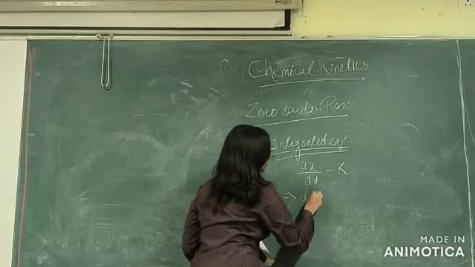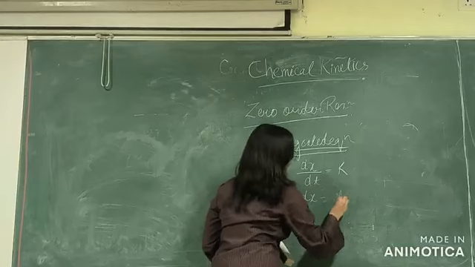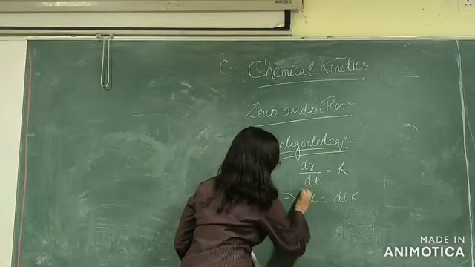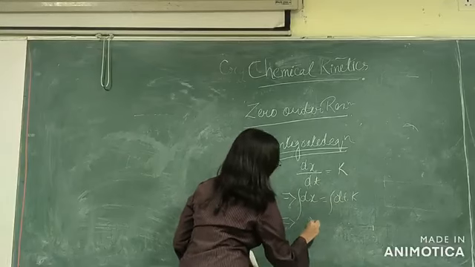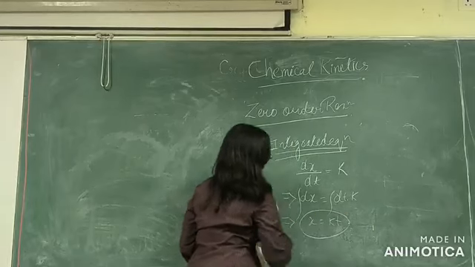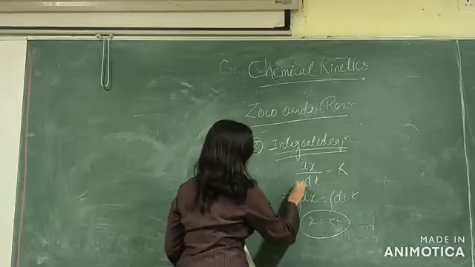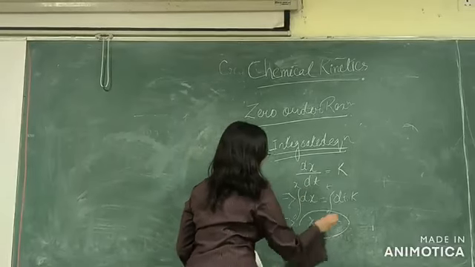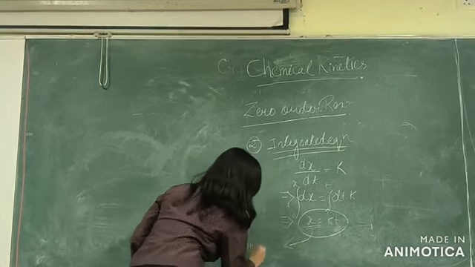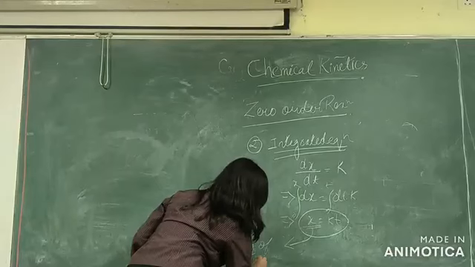So the basic integration we will do here, nothing much. By integrating, we will get x is equal to kt. The limits will be from 0 to x and 0 to t. What is x here? x is the concentration of product, not the reactant.